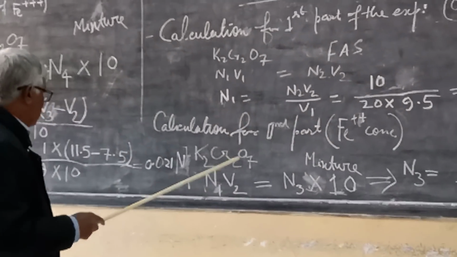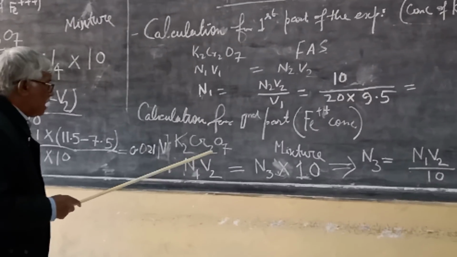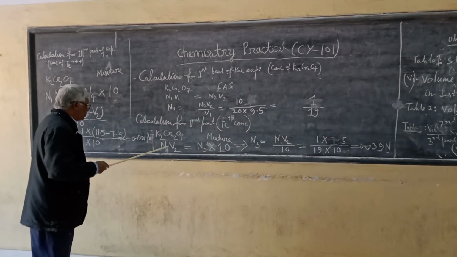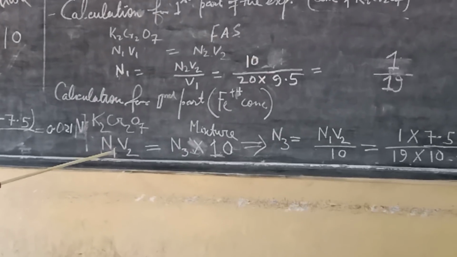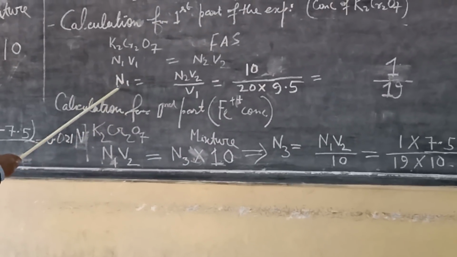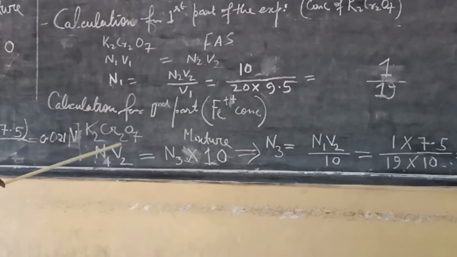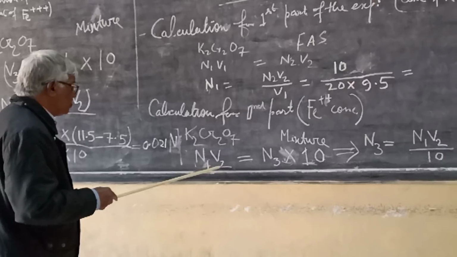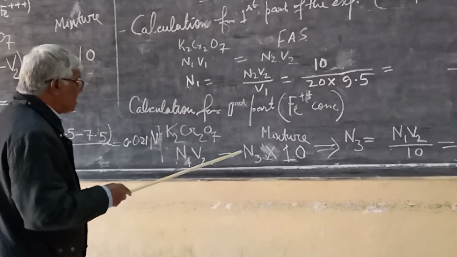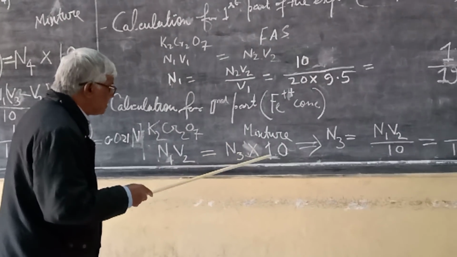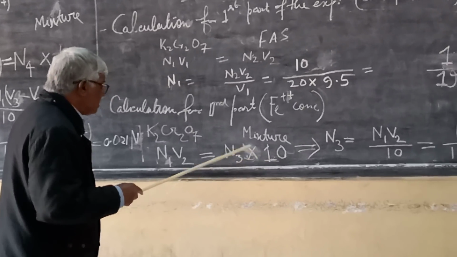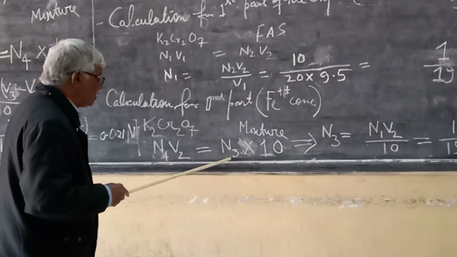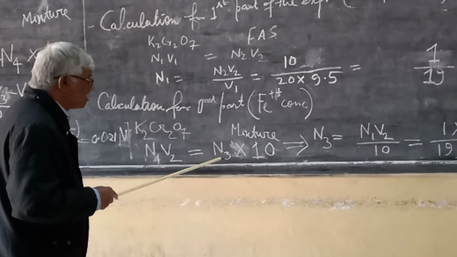Suppose K2Cr2O7 with normality N1 is used for this titration, and V2 is the volume used. We have taken 10 ml of the mixture, and its normality, which we have to determine, we suppose is N3.